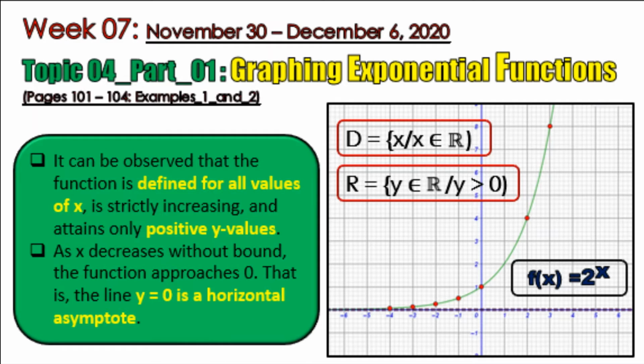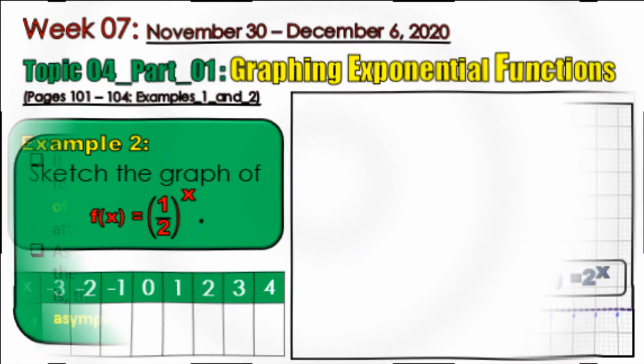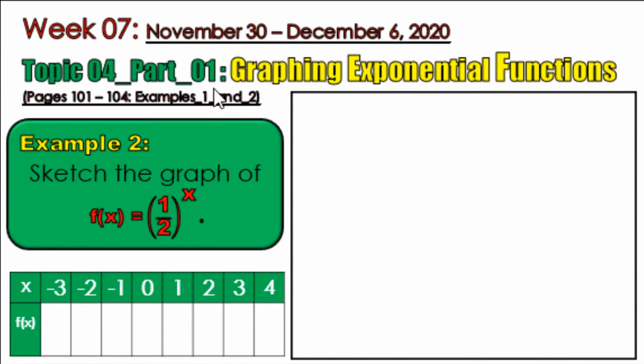So the horizontal asymptote is y equals 0, and that line is this broken line. Let us now proceed. Example number 2: sketch the graph of the function f of x equals 1/2 raised to x.